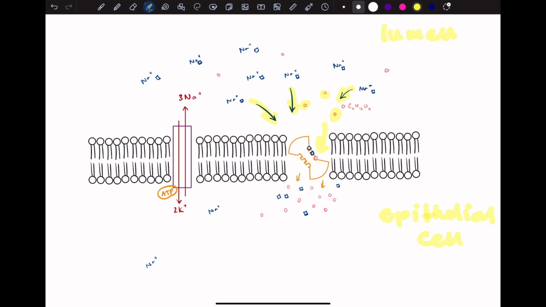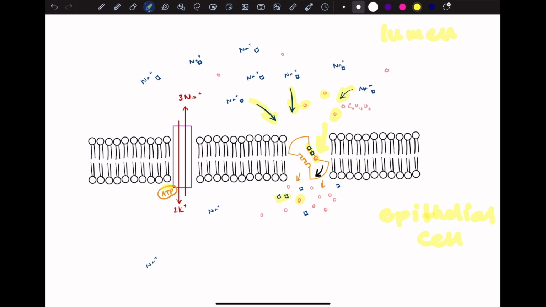And once there have been 2 sodium ions fitted in and 1 glucose fitted in, the channel turns and releases these molecules so that now we have transported both our sodiums and our glucose into the cell. And in this case, sodium moved down its concentration gradient, but glucose moved against its concentration gradient. So this is how it works.